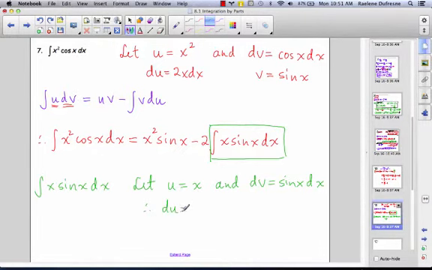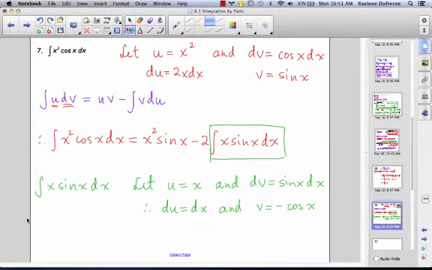Therefore, we have du is equal to dx, and we have that v is equal to negative cosine of x, no dx, just negative cosine of x. If you're not sure, the derivative of negative cosine x is sine x with respect to x. Now we can see that this is going to be a good option because the second integral of the green expansion is going to involve the integral of v du, and v du is a basic integral.